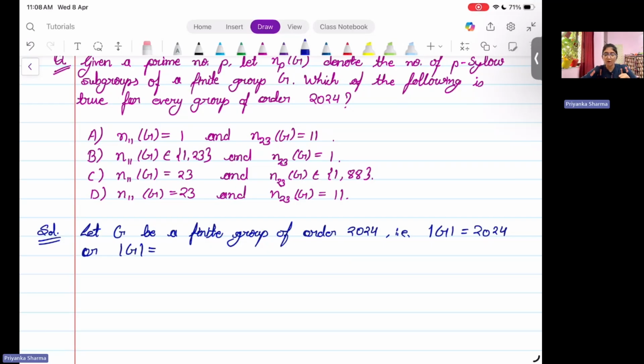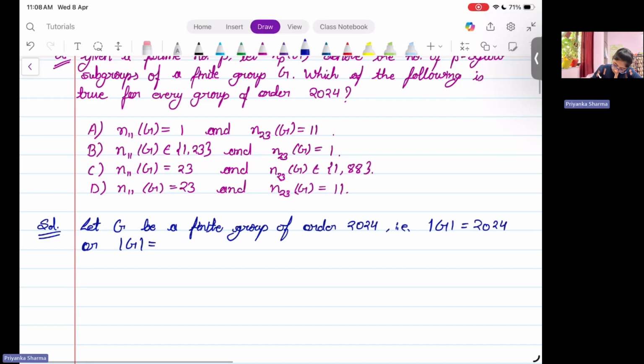If we break the order into its prime factorization, we will have 2 cubed, 11, and 23, that is, 8 times 11 times 23. That is, we have 3 primes in the prime factorization of the order of G: 2, 11, and 23.